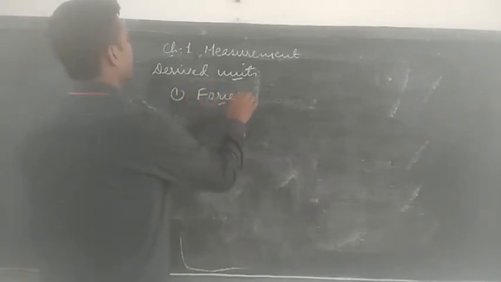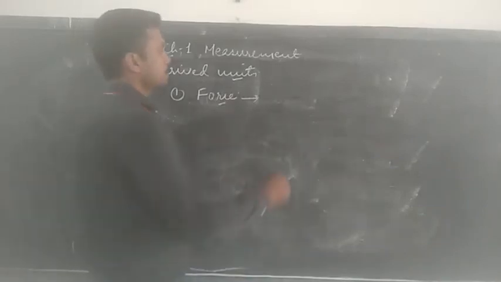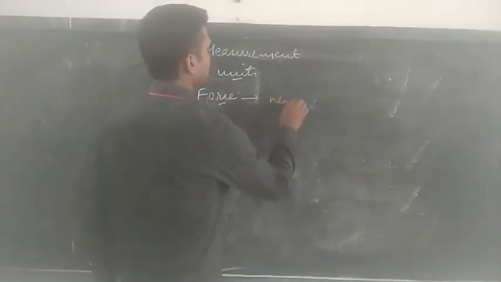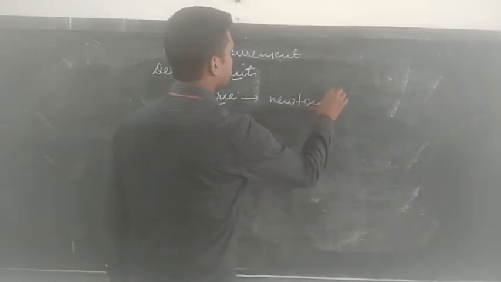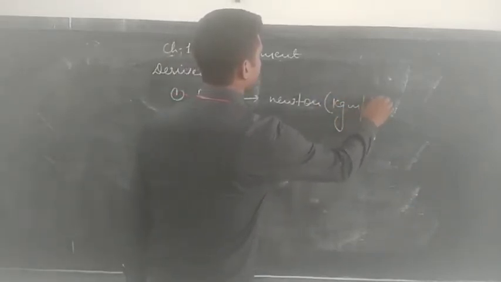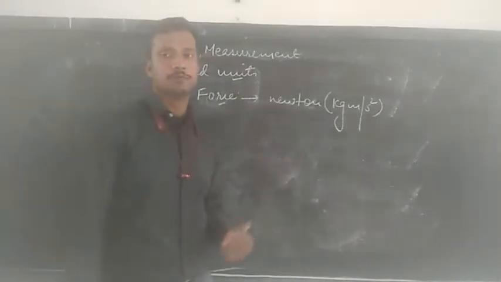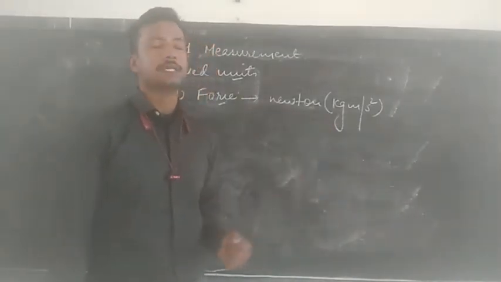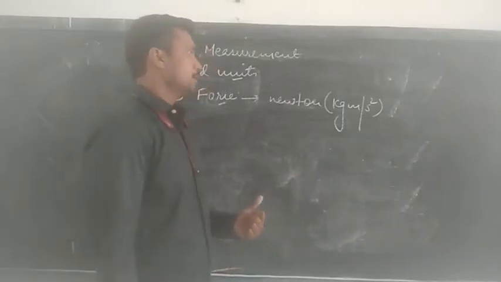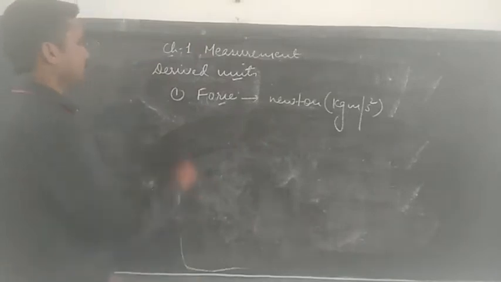Let us see how the unit of force has been derived. We know the SI unit of force is Newton, which is nothing but kg meter per second square. This is the SI unit. Now how has this unit come, let us try to find that.